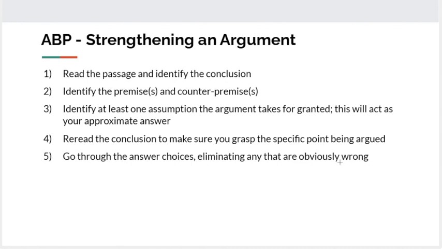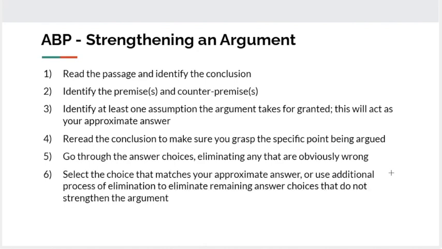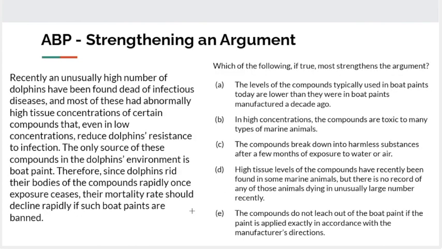The ones that are more clearly wrong are going to be the ones that would either weaken the argument or just clearly seem to be irrelevant to the validity of the argument. And then we want to select the choice that matches your approximate answer, or if you don't find anything that matches your approximate answer, your key assumption, use additional process of elimination to get rid of the remaining answer choices that don't strengthen the argument. We'll see how to apply these ideas as we go and get into some examples.